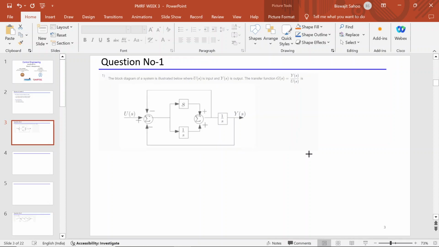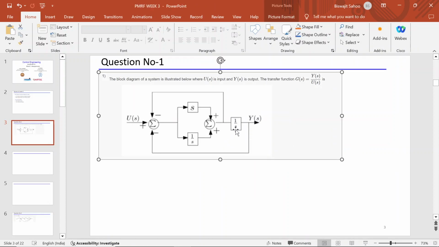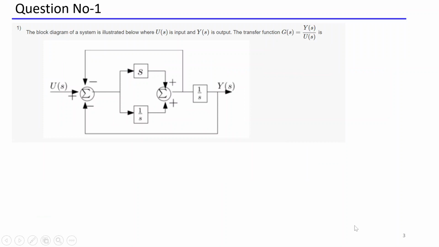Now it's fine. The screen is occupied with other things, sir. Okay, now it's visible. Just a little more zooming is required.